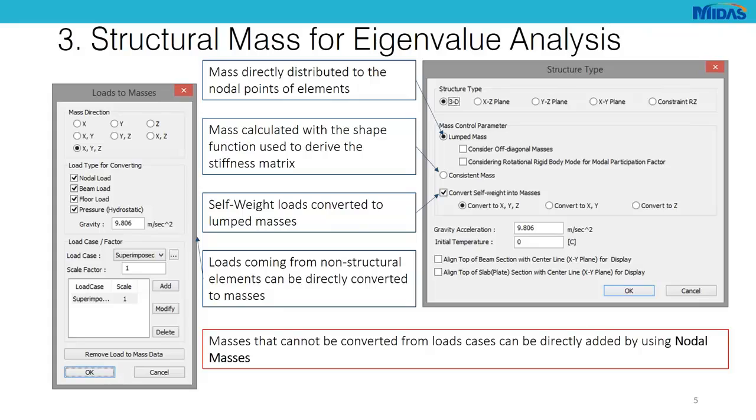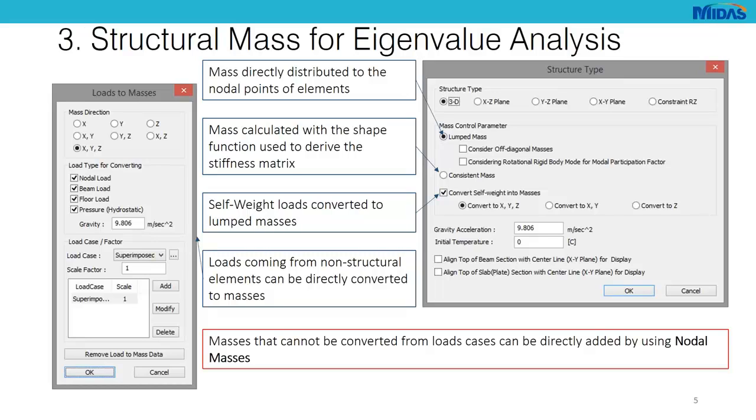We can simply choose a load case and assign a scale factor, and then the value for the gravity and the mass will be automatically calculated. If there are masses that are not present in the form of loads in the model, we can also directly apply masses at node level by simply using a function called nodal mass.